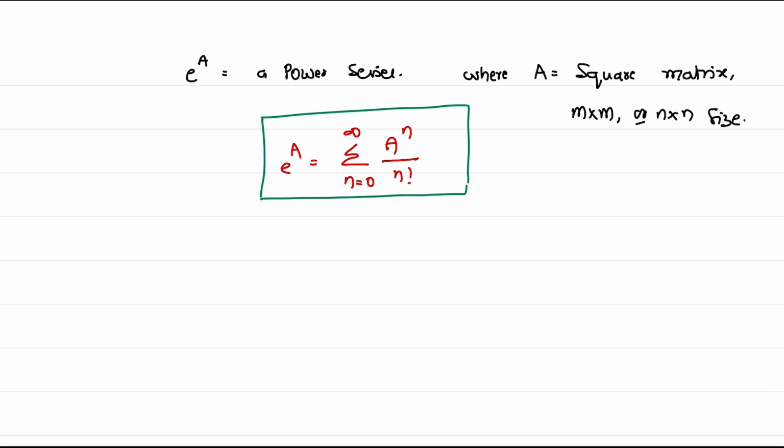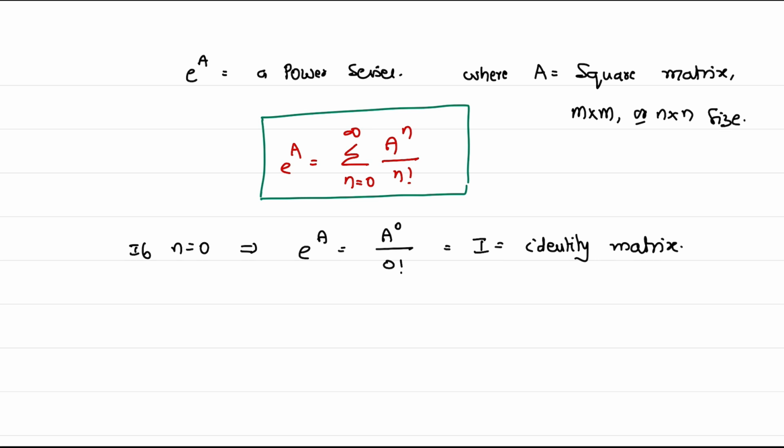What happens if n is equal to 0? If n is equal to 0, the term becomes A to the power of 0 by factorial 0, that is equal to I, the identity matrix.